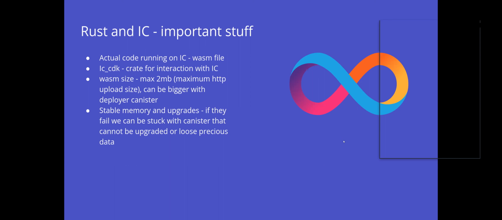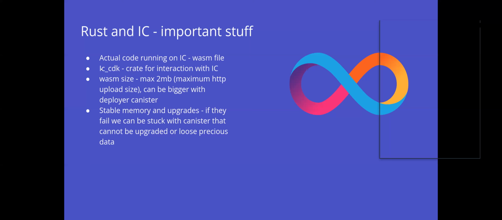What's uploaded to the canister, and what's actually running, is the WASM file. You can think of it like one big exe file on Windows or one big package on macOS.